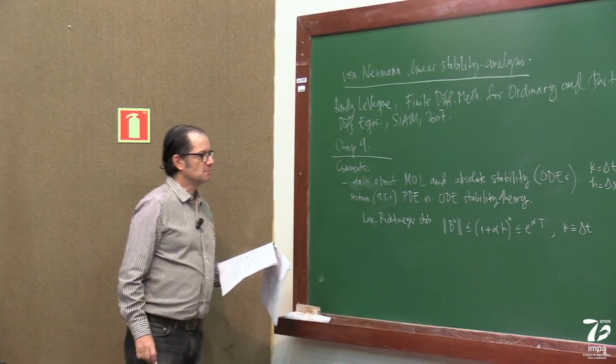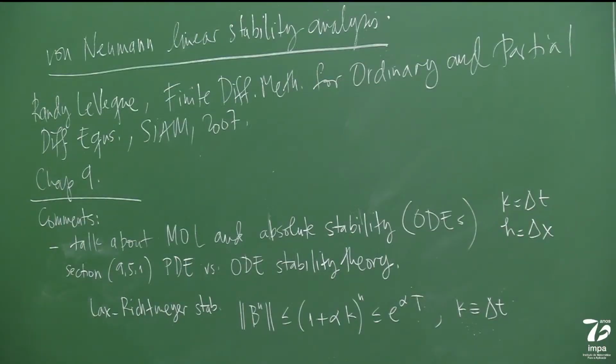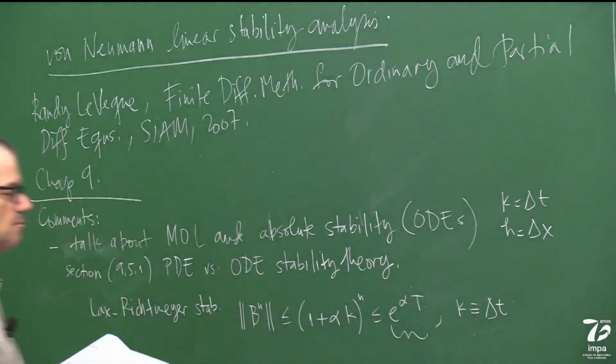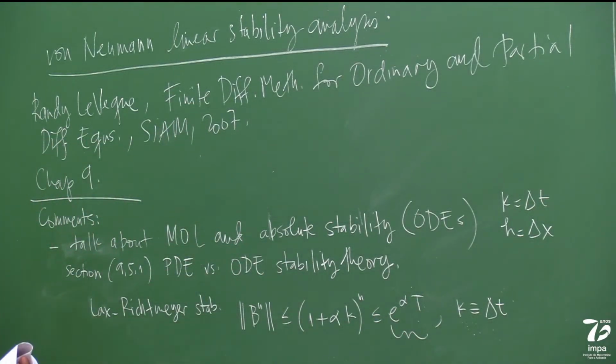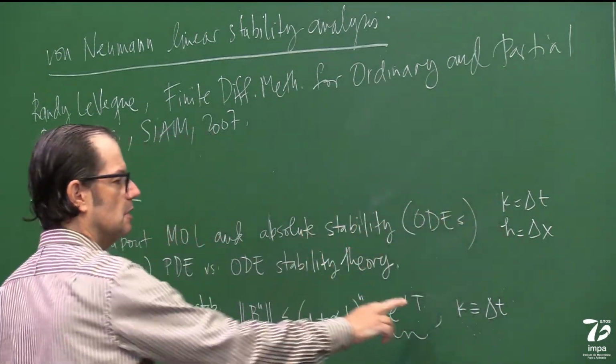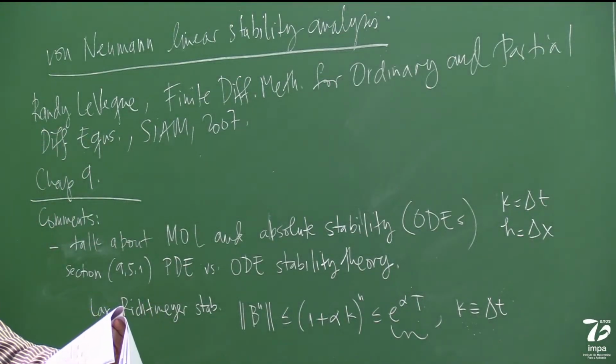So here, Lax-Richtmyer is basically talking about, say, an operator, right? And an operator, as it is evolving in time, what we want is to have this constant, a bounded operator constant, that is independent of the discretization. Of course, it depends on the interval over which we're studying the solution.